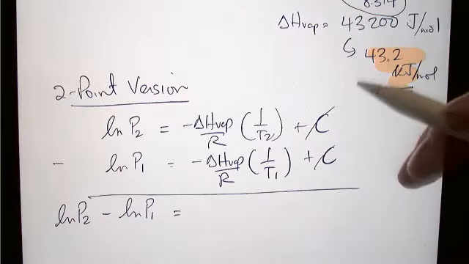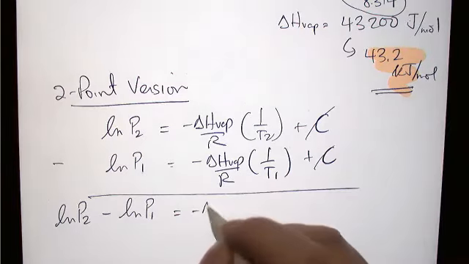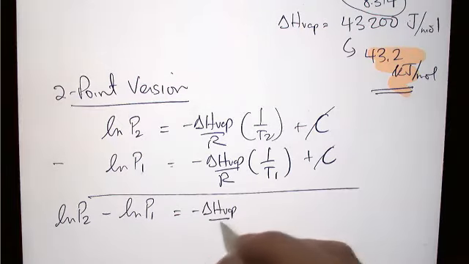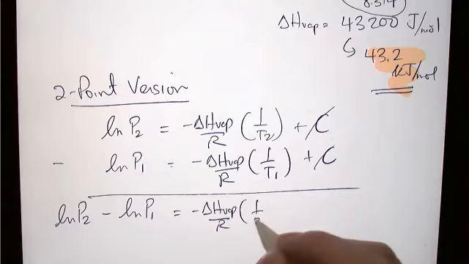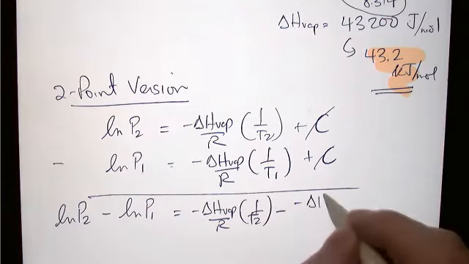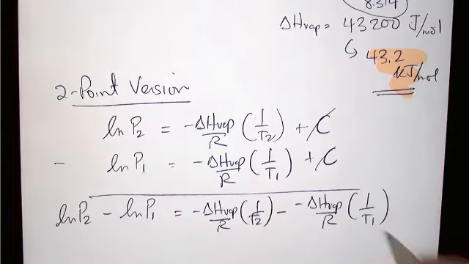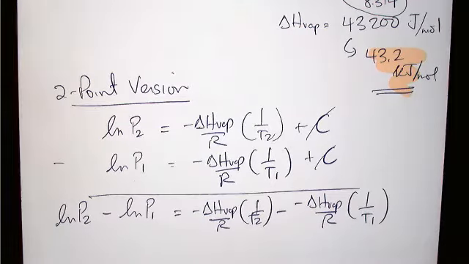C minus C. So what we'll be left with is negative delta H VAP over R times 1 over T2 minus negative delta H VAP over R times 1 over T1. The constants will cancel out.